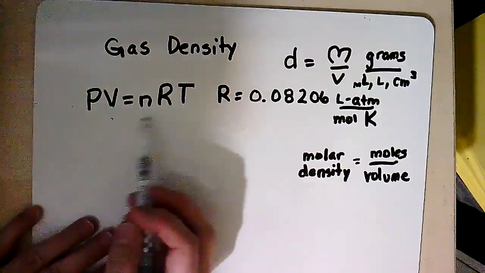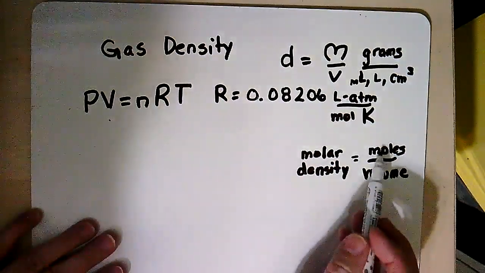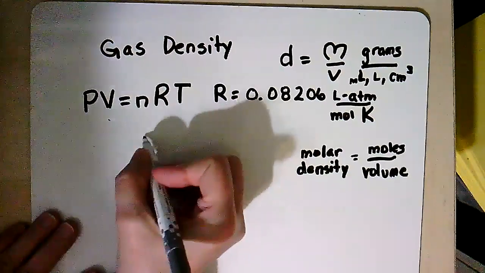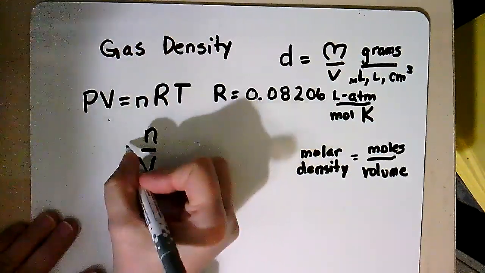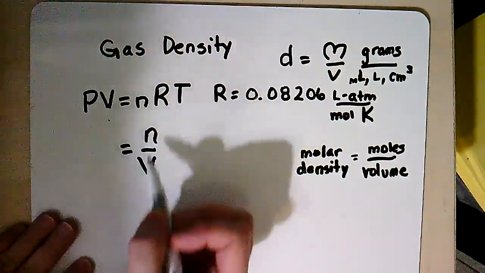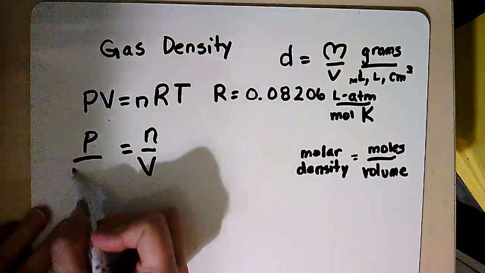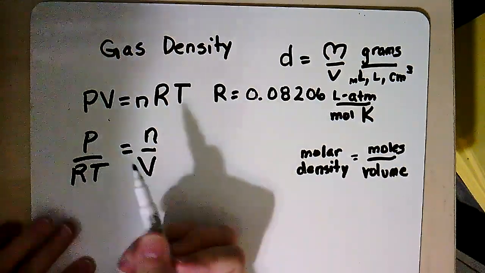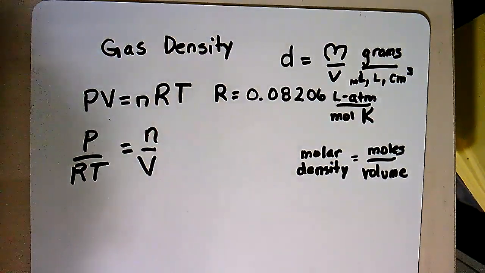We can actually find molar density from the ideal gas law by just putting moles over volume. So let's do that. So moles over volume is going to equal, so we moved volume over here into the denominator, pressure over RT. So just by rearranging this equation, we get molar volume.